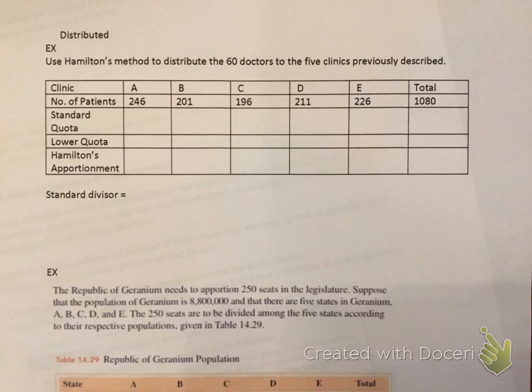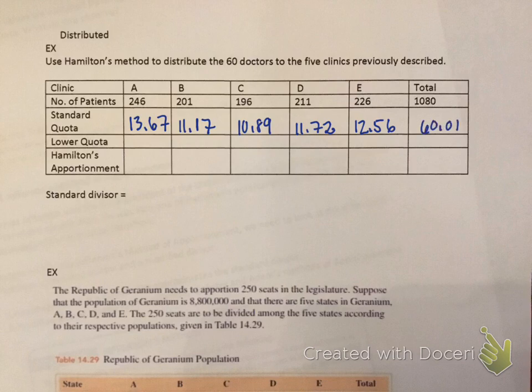So let's go ahead and look at this next one. Use Hamilton's method to distribute 60 doctors for the 5 clinics previously described. So remember this. The standard divisor was 18, and we got that by taking the total population divided by 60. And remember, the standard quota was 13.67 for A, 11.17 for B, 10.89 for C, 11.72 for D, and 12.56, which gave us a total of 60.01.